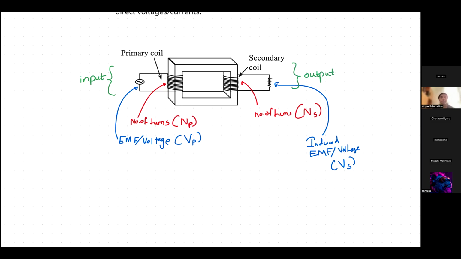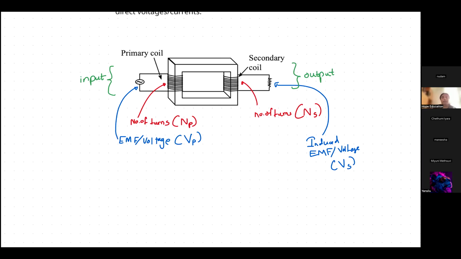So we have an input and an output. Input is the same as the primary coil, output is the same as the secondary coil. In the primary coil, the number of turns is NP and the EMF or voltage is VP. In the secondary coil, the number of turns is NS, and the induced EMF or voltage is VS.